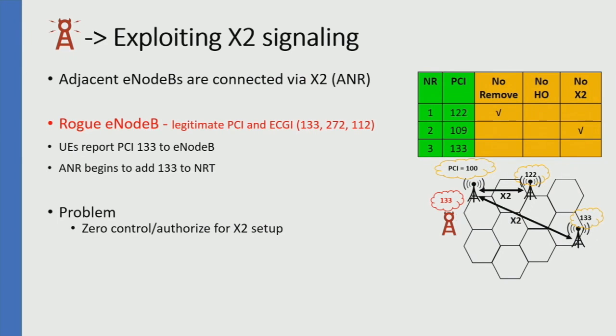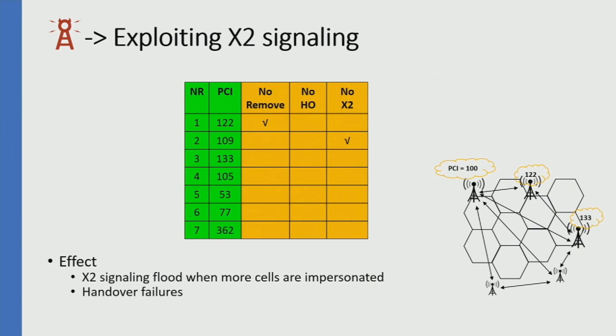So if you simulate different rogue base stations with different identities, each base station will end up with tens and twenties of different cells, and they are connected to each other. This is now a mesh network, which is not really the idea of mobile networks. In such a case you have fake information here, and this could really cause handover failures, and we will see that in the next one.